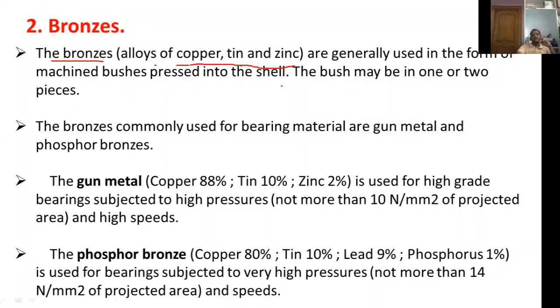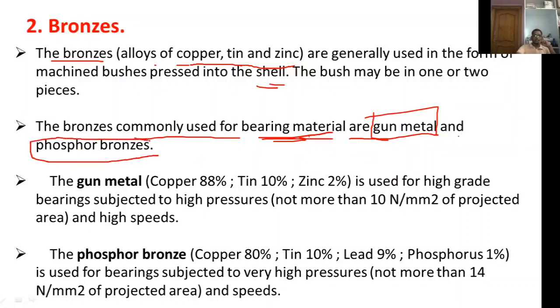Now, these are generally used in the form of shells. Bronze is commonly used for bearing material, gun metal, and phosphor bronze. First one is gun metal, and second one is phosphor bronze. So these two metals are used for bronzes.